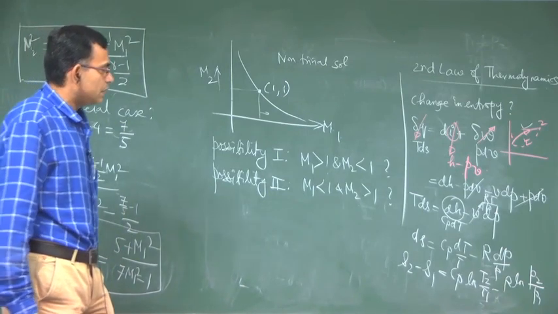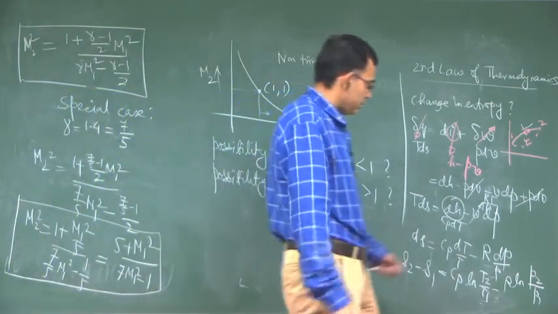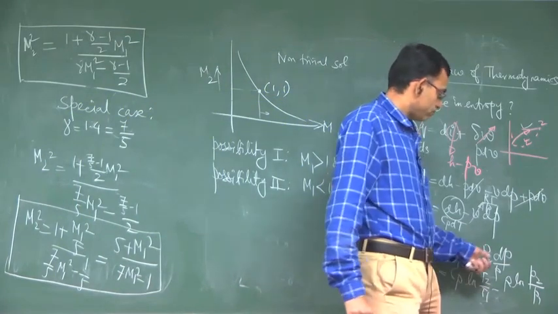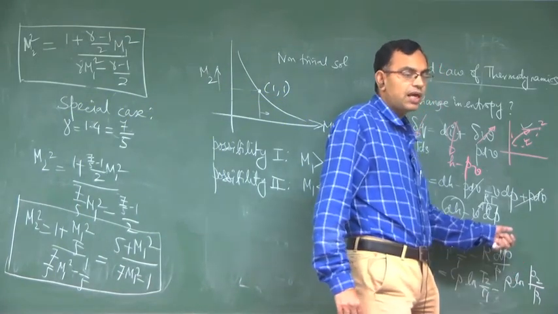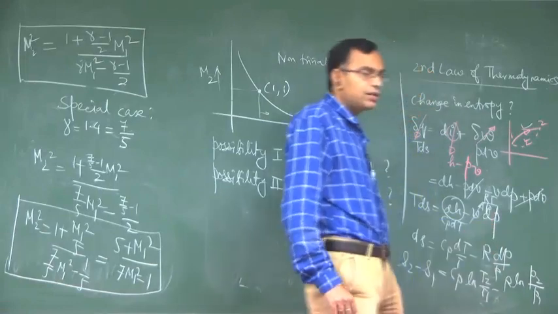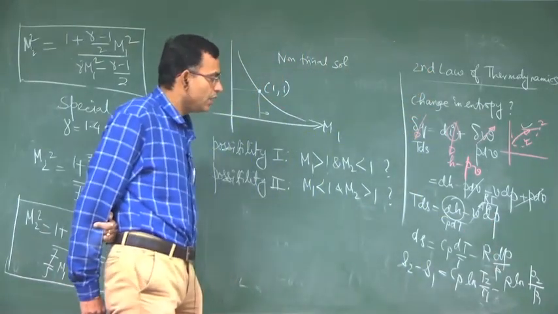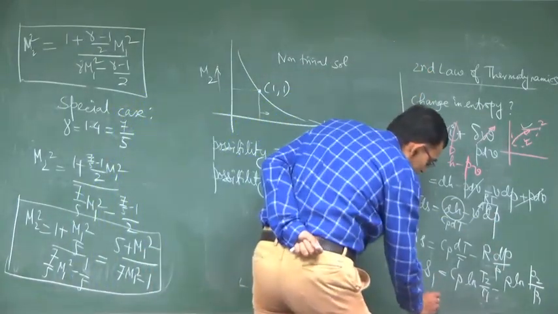So, from the expressions of P2 by P1, T2 by T1 etc., this will be a function of what?